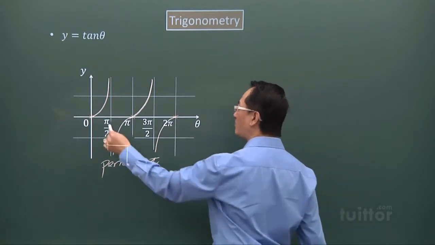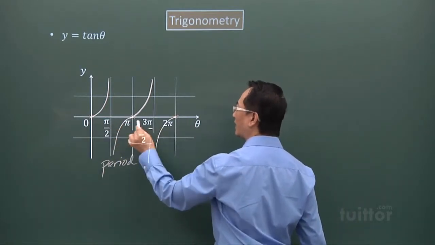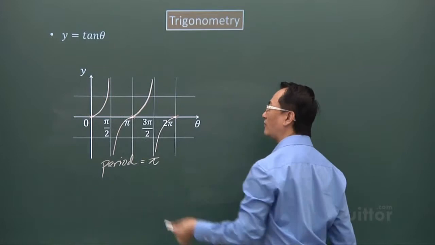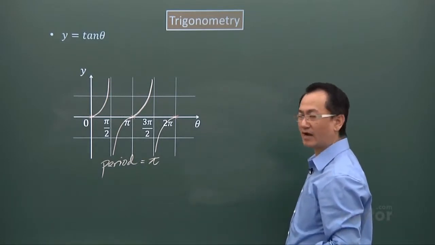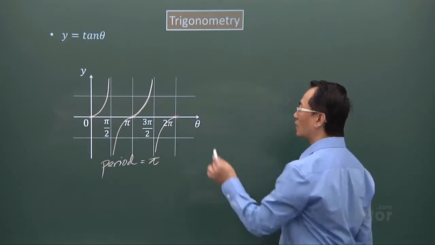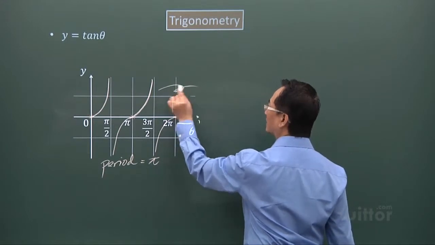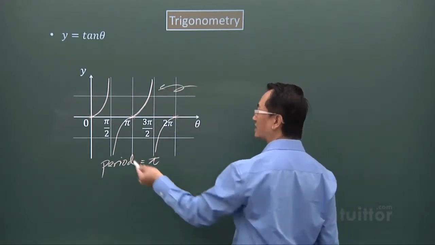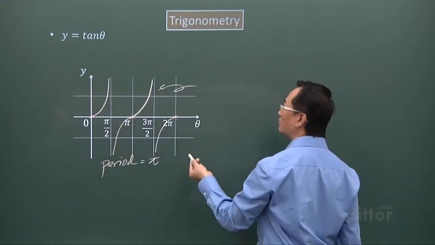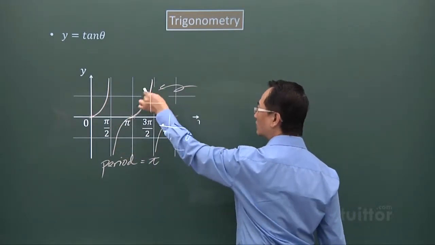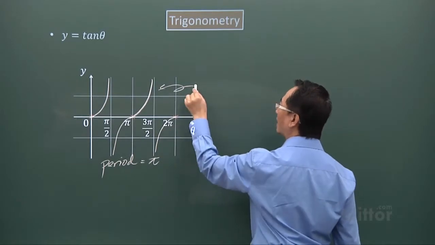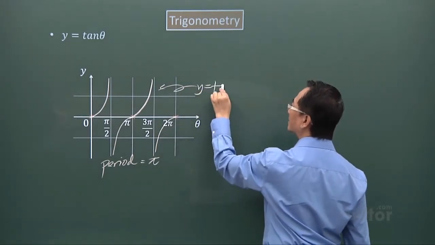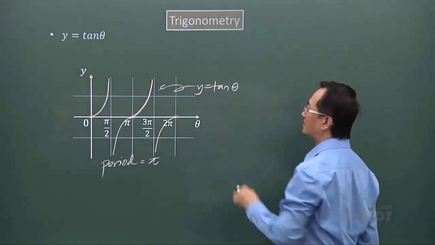So every pi, you get a repeat of tangent theta graph. This is one of those graphs that is difficult to label because it's discontinuous, but you just put an arrow to any one part and call it y equals tangent theta.